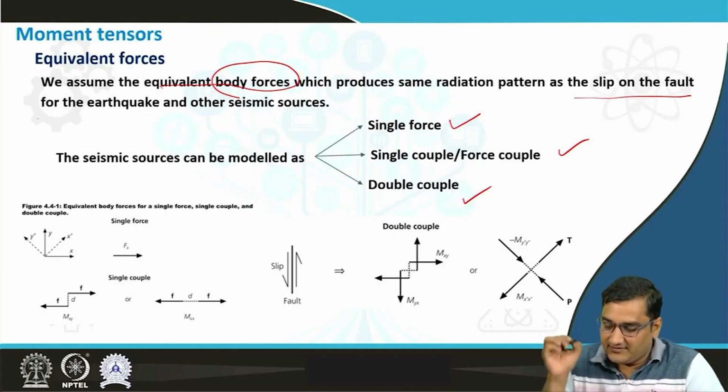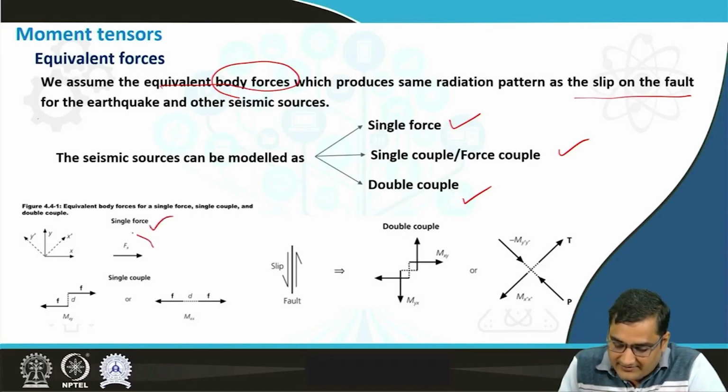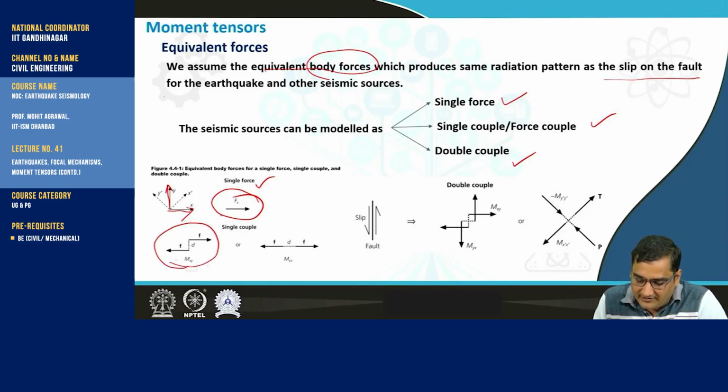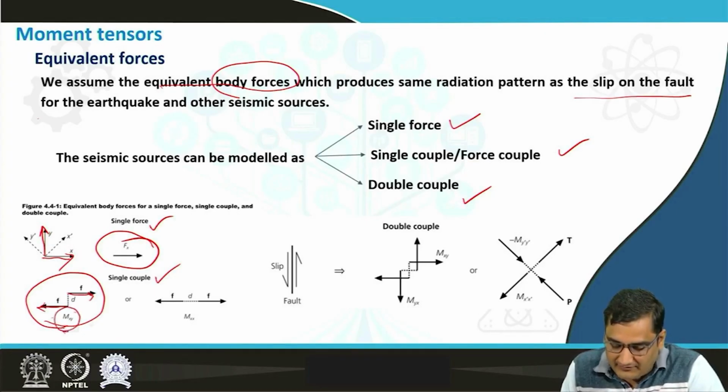since we are discussing these here, the single force is just a single force, if the x direction is in this direction and the y direction is in this direction. Let's suppose this is the example of a single force, and if this single force has two components, one in the positive x direction and another in the negative x direction, then it may be referred to as the single couple, and these are distance d away along the y axis, and this will be known as Mxy.